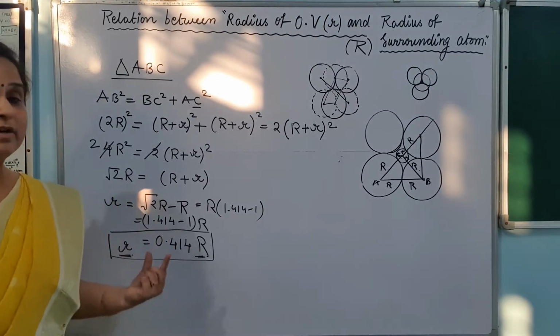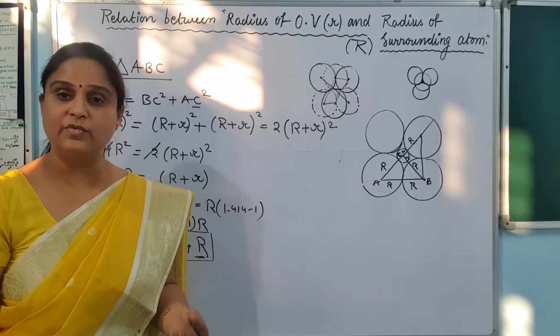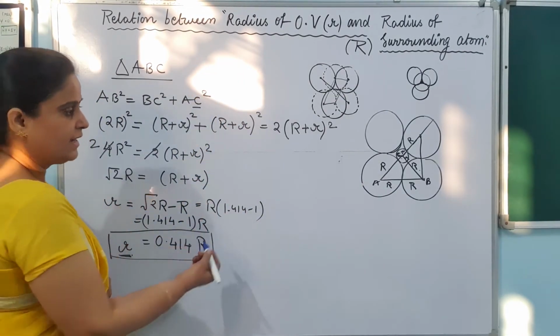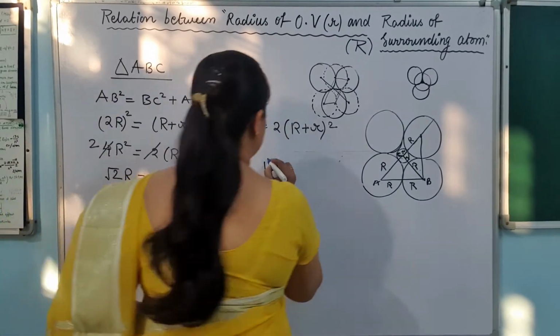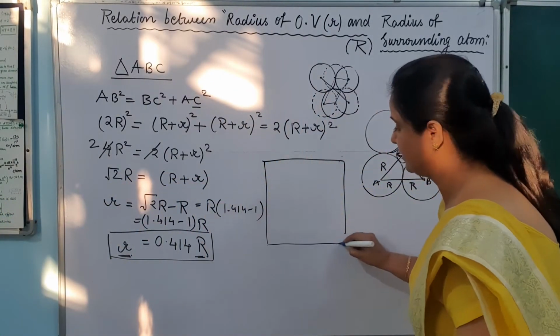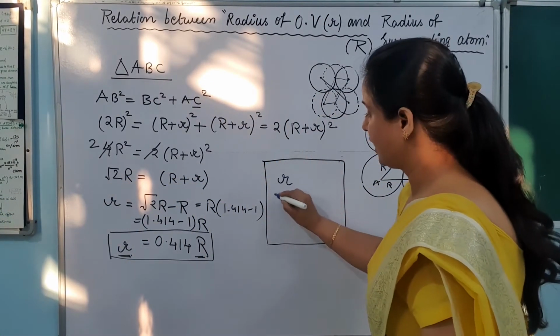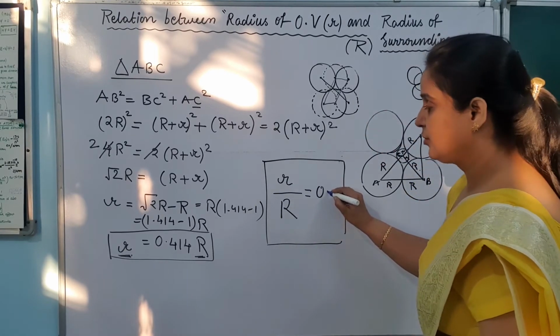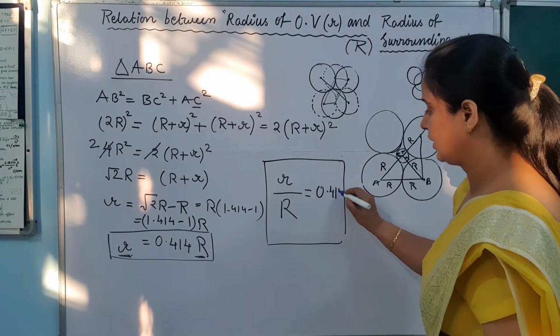This is called the radius ratio of the octahedral voids versus the radius of the surrounding atom. Radius ratio of octahedral void, small r by capital R, is equal to 0.414.